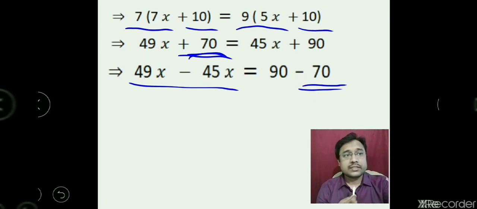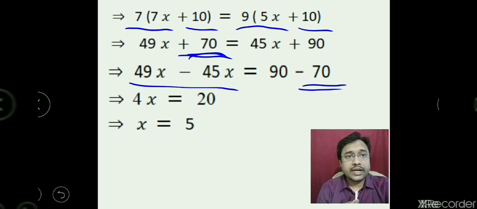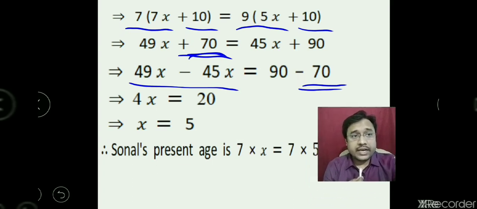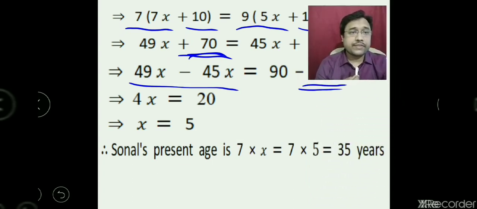Then 4x equals 20, then we can write that x equals 5 only. So x is the common factor we have taken, so x is 5 only here. 7x and 5x were the ages, that's why.